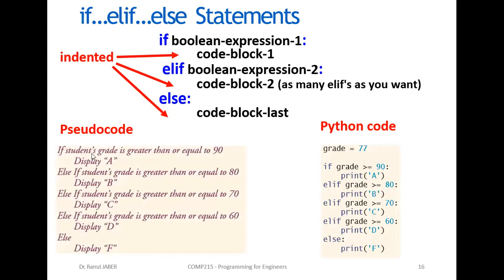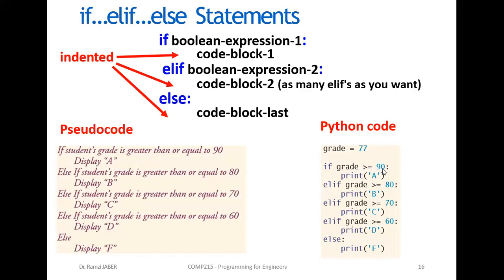So the logic will be: if student's grade is greater than or equal to 90, display A. Else if greater than or equal to 80, display B. Else if greater than 70, display C. Else if greater than 60, display D. Else failed, F. So here is the English version, and we transfer it to Python code. Grade equals 77, for example.